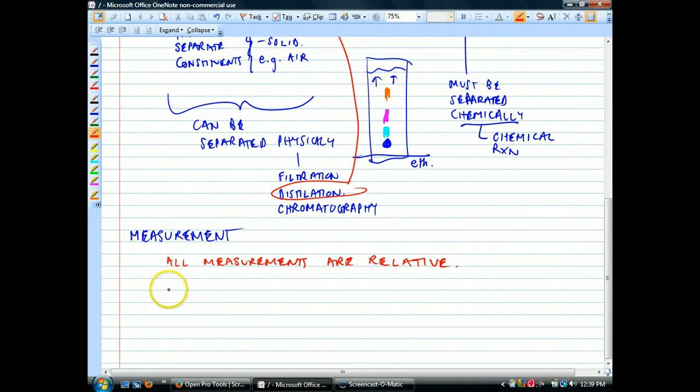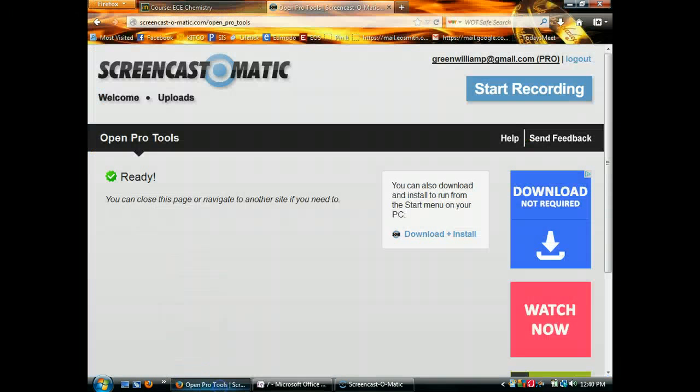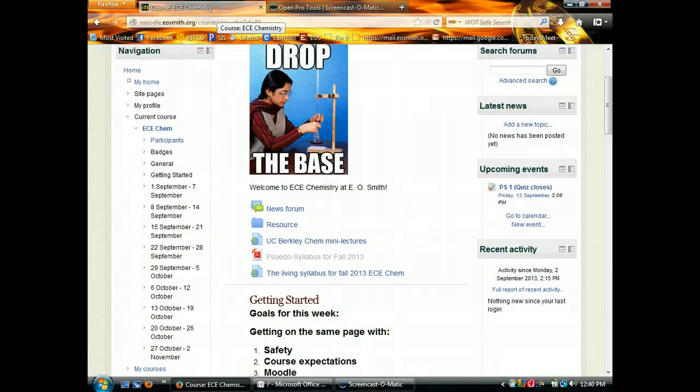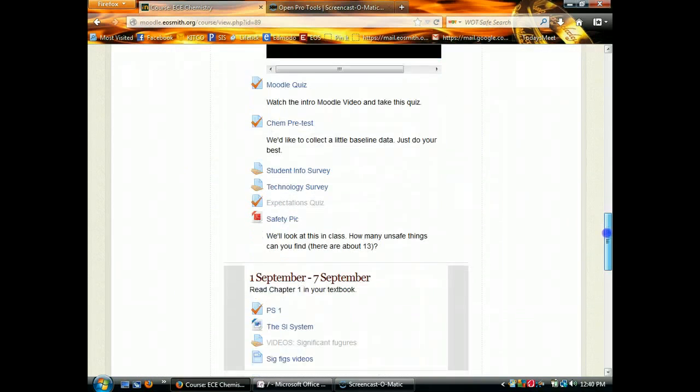So let's talk just a little bit about each type of measurement we can make. We've got length, and of course we'll be using a meter for this. I put up on the Moodle site, I think it says the SI system. Yeah, so let's see.